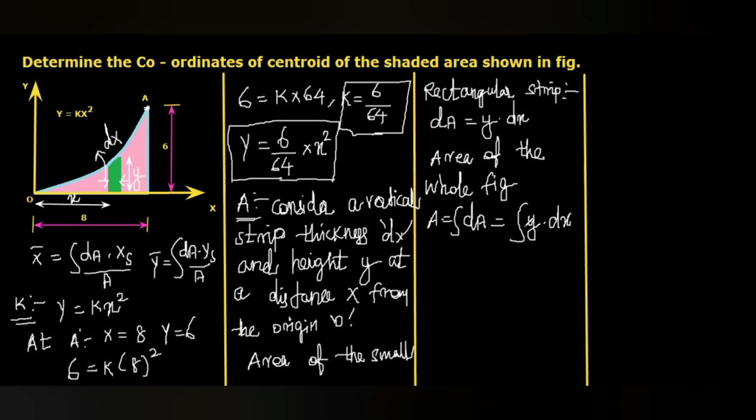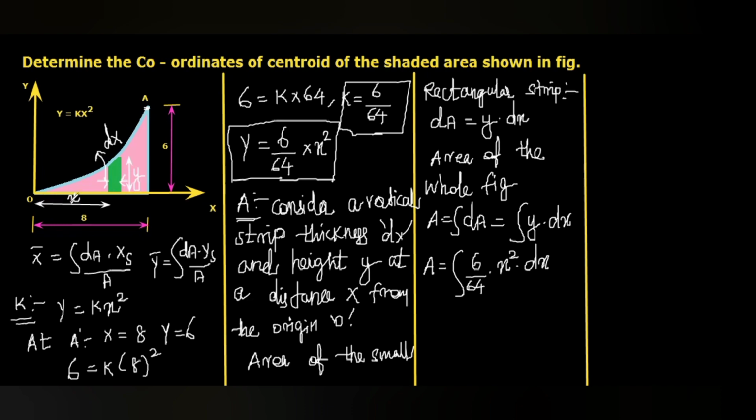Here we have the value of y in terms of x, so substitute it. So area, we can write integral of y equals 6 by 64 multiplied with x square. So 6 divided by 64 multiplied with x square multiplied with dx. Everything is in terms of x, and also the variable is in terms of x.